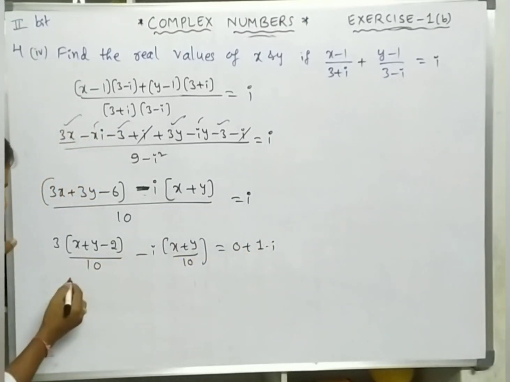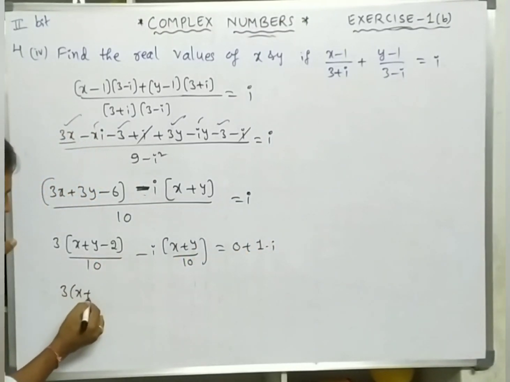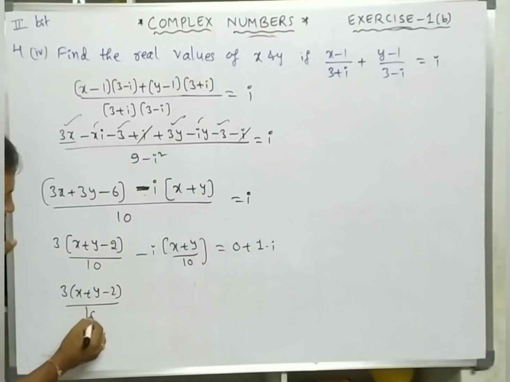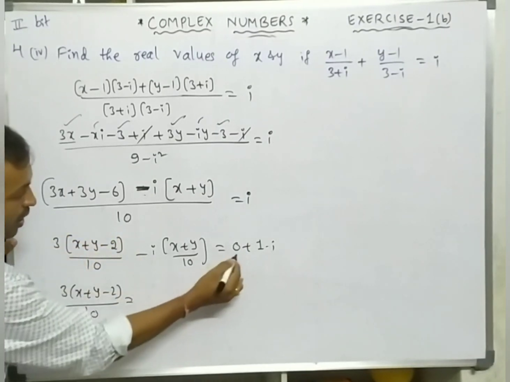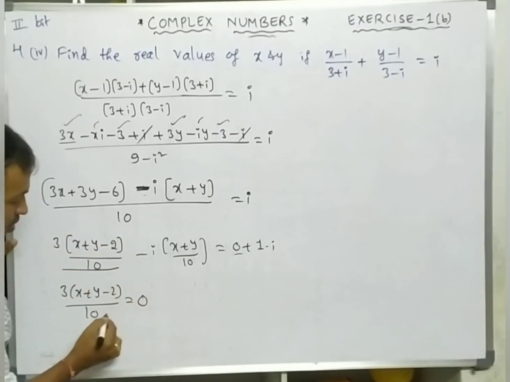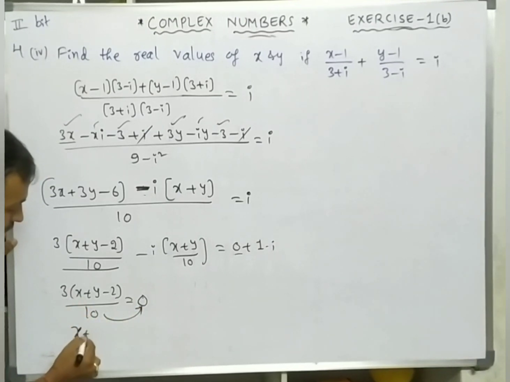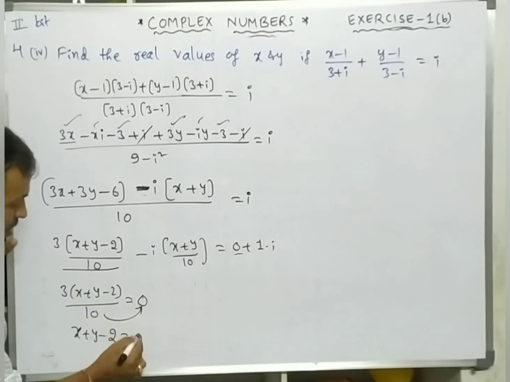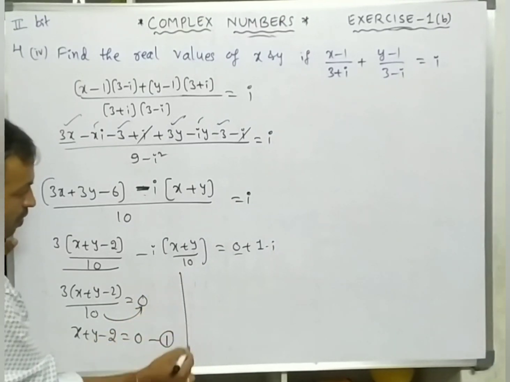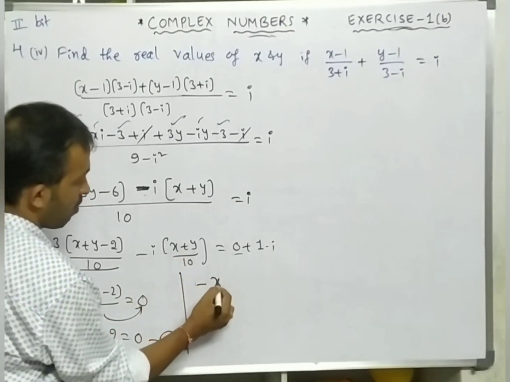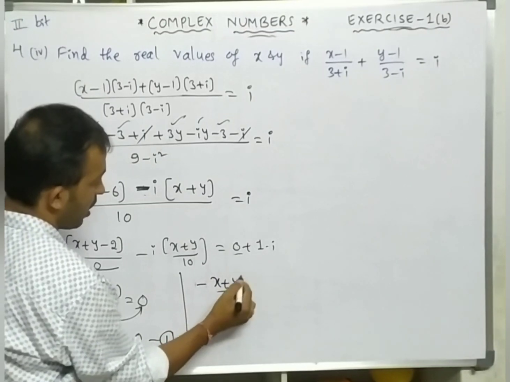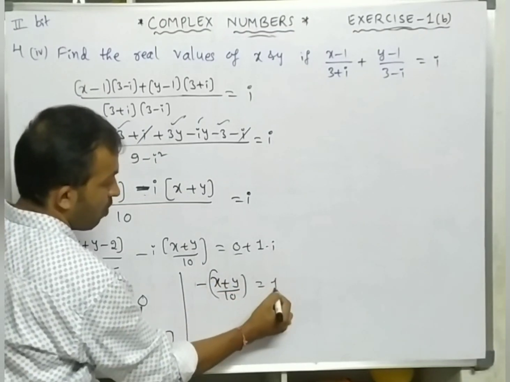Now compare. You will get 3 into (x plus y minus 2) by 10 is equal to the real part, which is 0. So finally x plus y minus 2 is equal to 0. This is equation number 1. Now the imaginary parts, minus of (x plus y) by 10 is equal to 1.